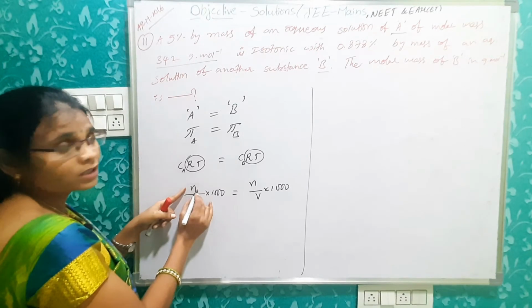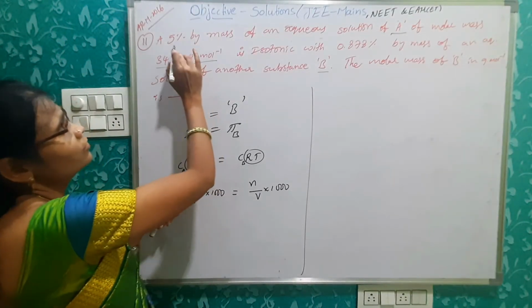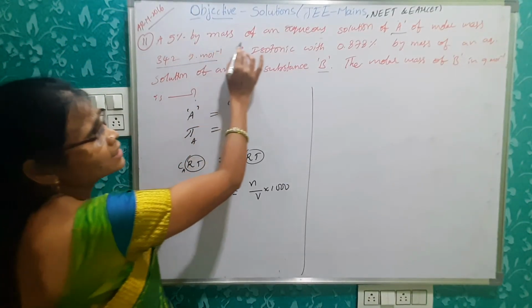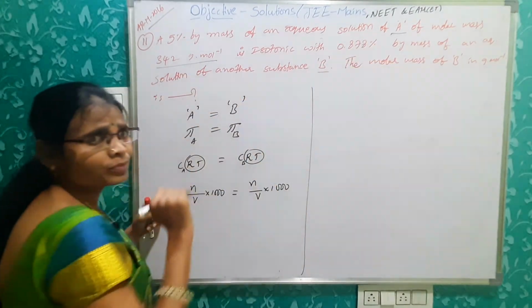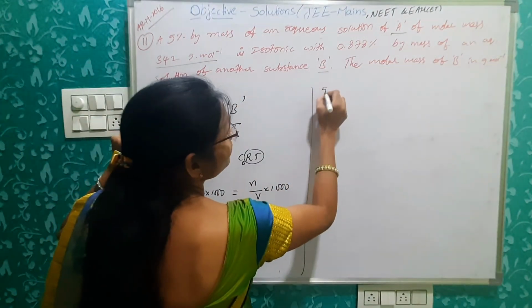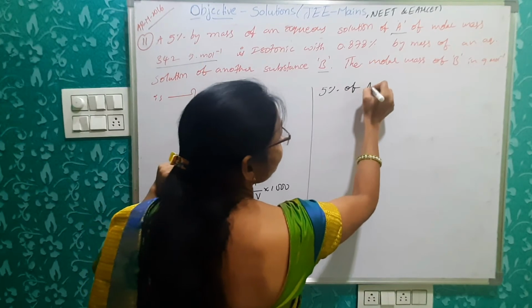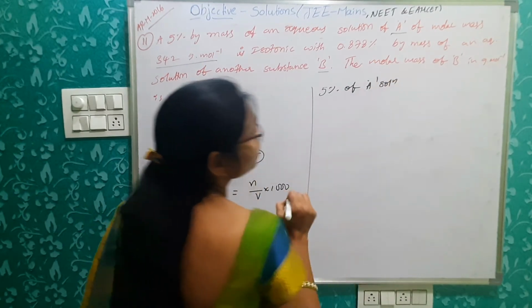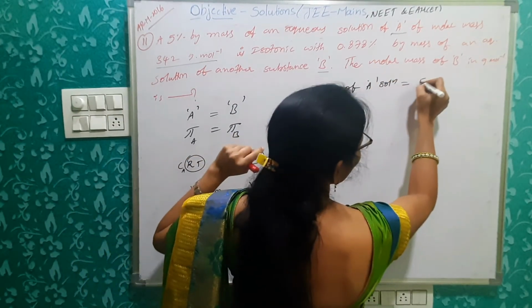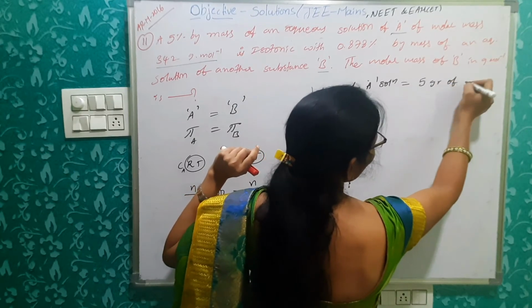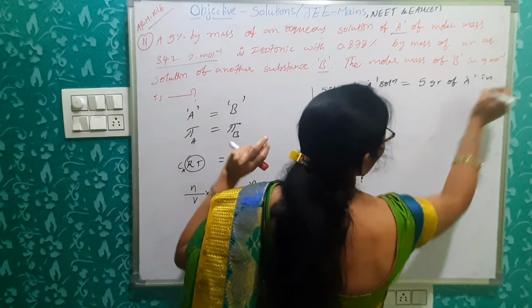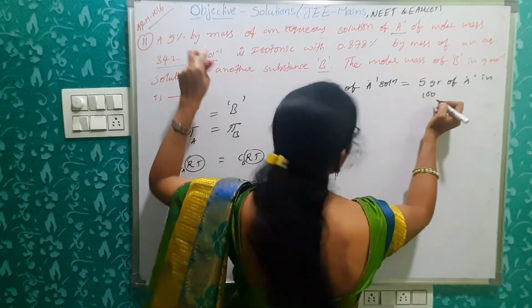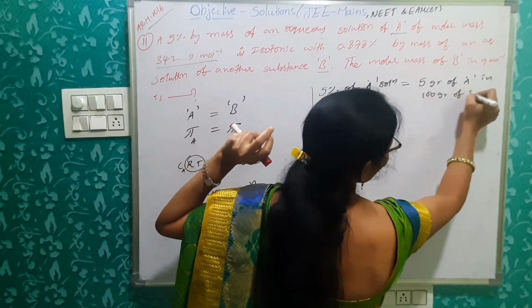Here the number of moles is not given, but 5% by mass of an aqueous solution of A means 5 grams of A in 100 grams of solution.